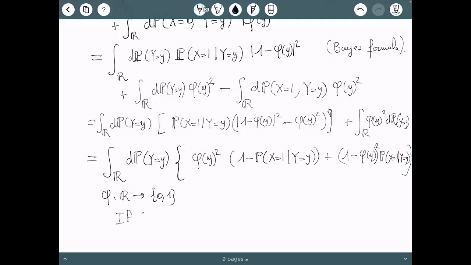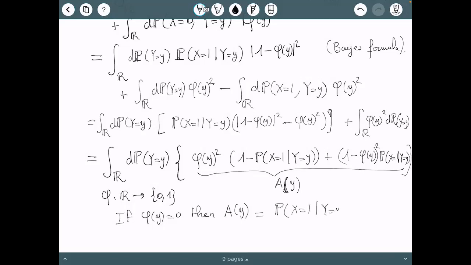If phi of y is equal to 0, A of y is equal to the probability that X equals 1, Y equals y.